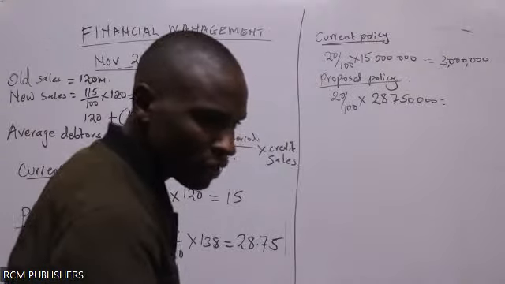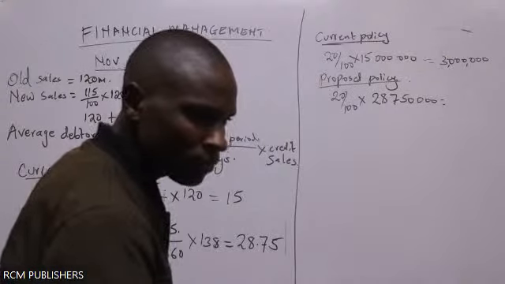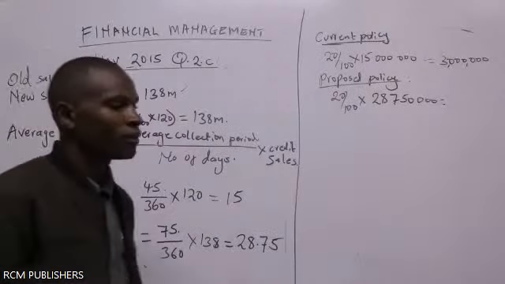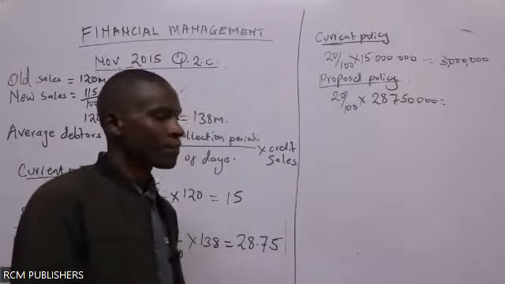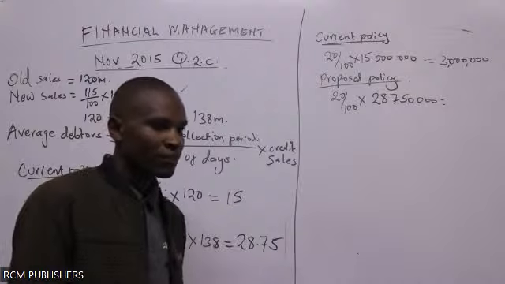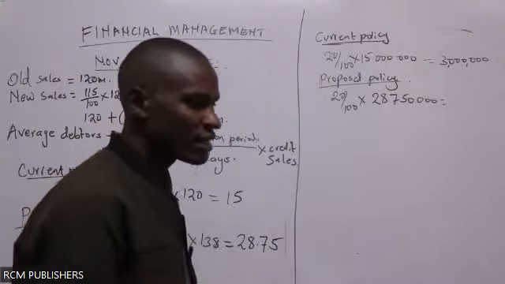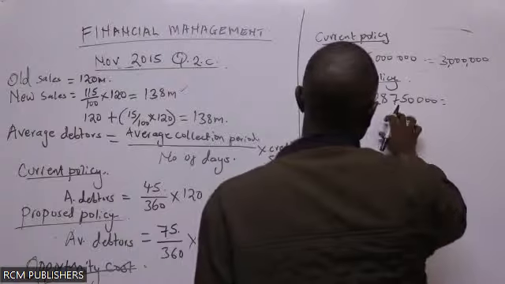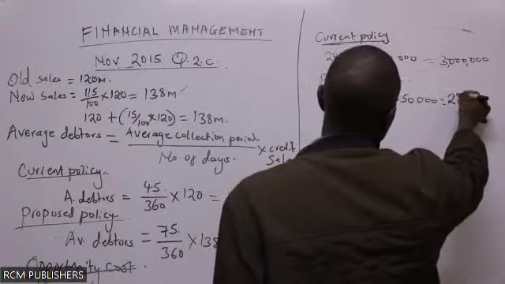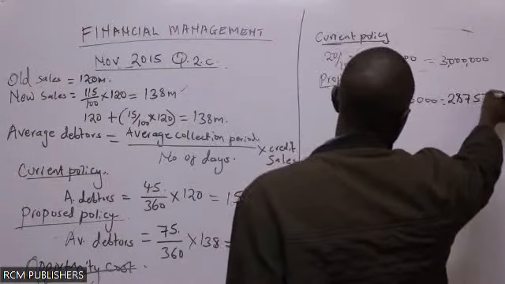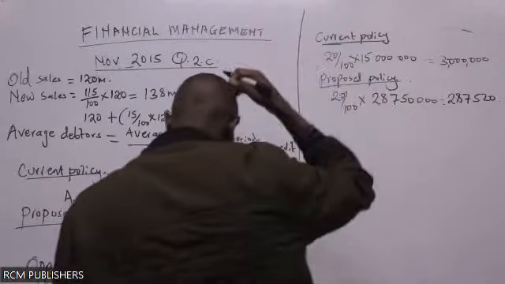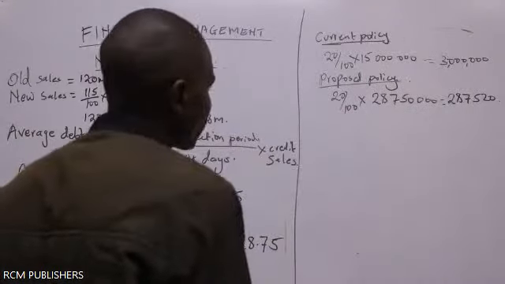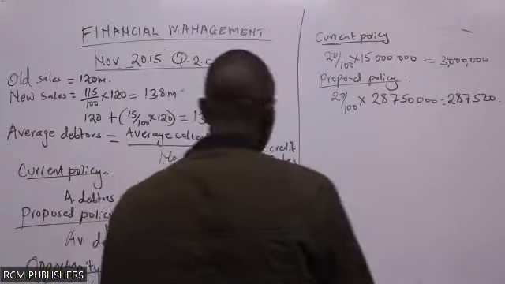Kama tumepewa zote hapa. 3 million. Thank you. About the other, 287 by 20. Sasa unasema if you have that information, it's a good approach.